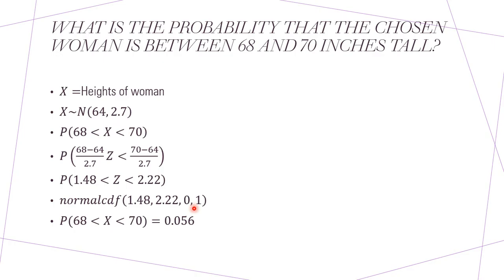You would just need to use 68 and 70 instead of 1.48 and 2.22 repeating. And the probability here is about 0.056 or 5.6%. So you see, if you pick a woman at random, there's about a 5.5% chance that she would be between 5'8" and 5'10".